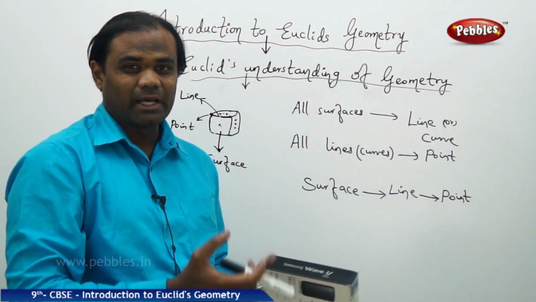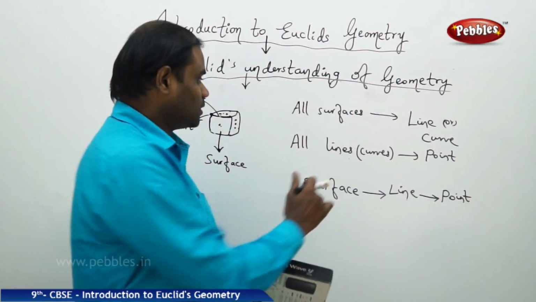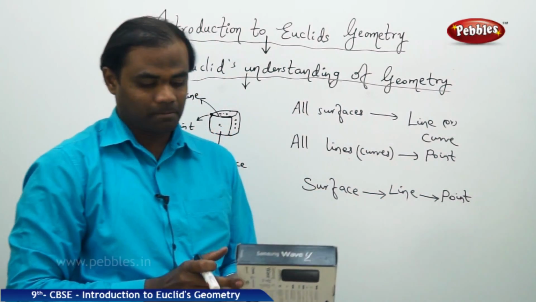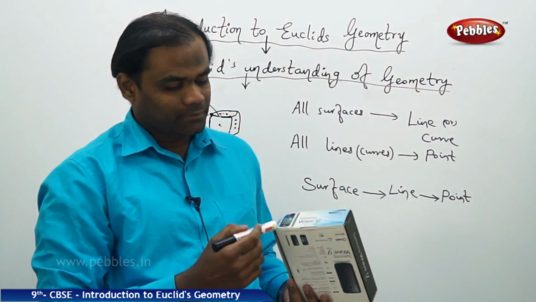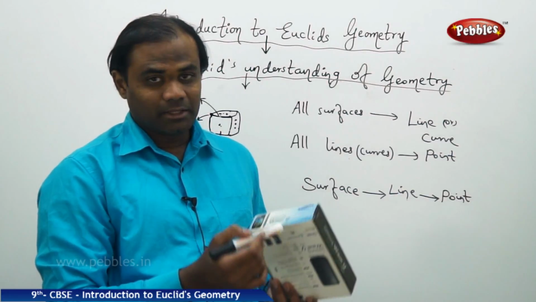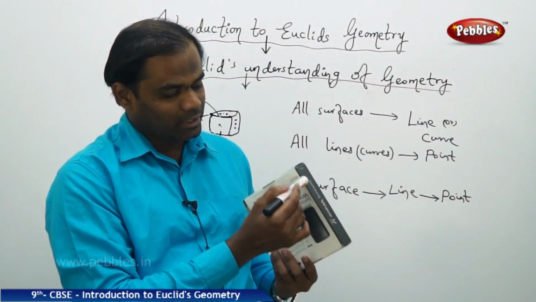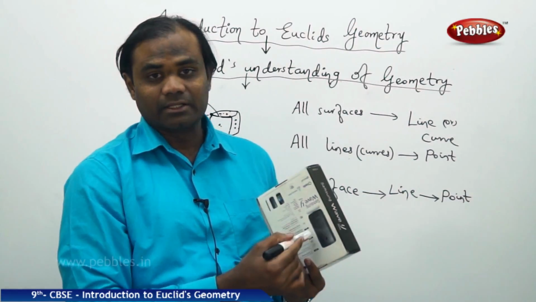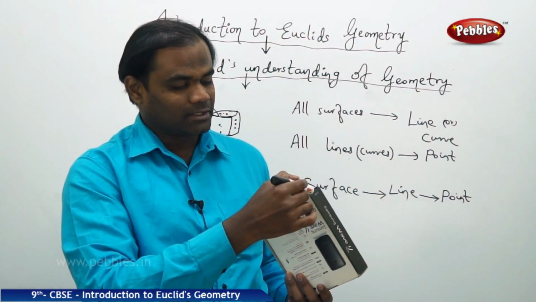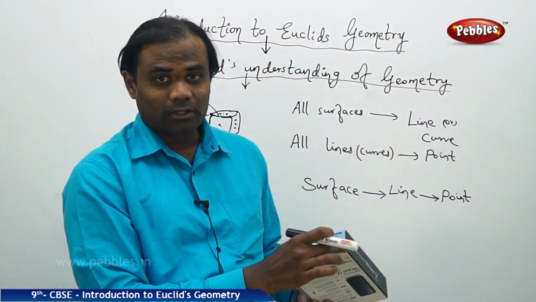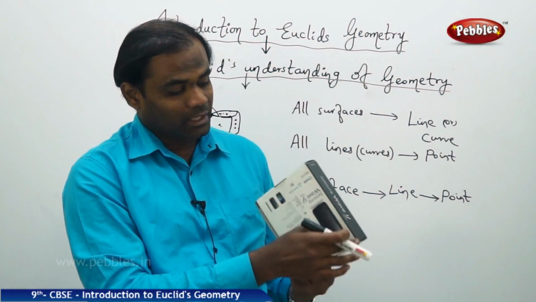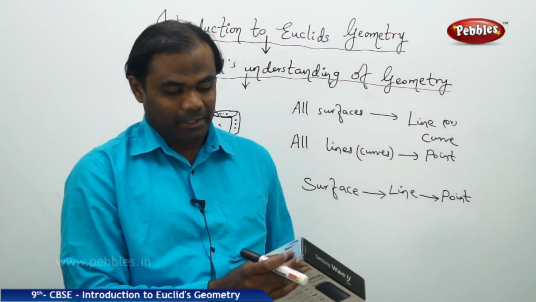Now let's see how the lines make the point, or how the curves make the point. As I see here, line 1 is made by these two surfaces, line 2 by these two, and line 3 by this and this surface. All 3 lines, line 1, line 2, and line 3, meet at this point.